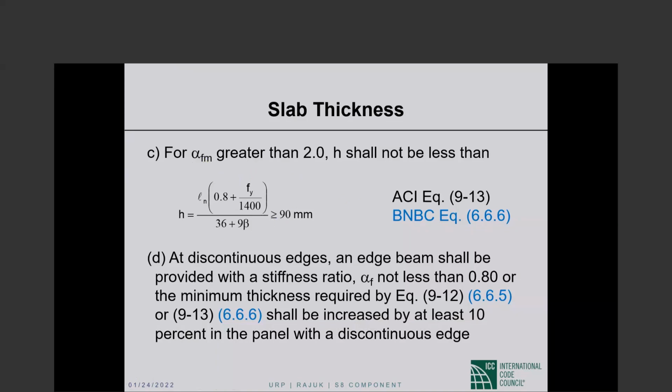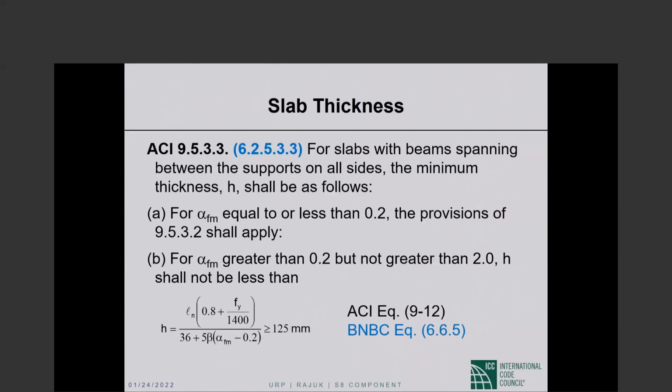At discontinuous edges, an edge beam shall be provided with a stiffness ratio not less than 0.8, or the minimum thickness required by equation such and such shall be increased by at least 10% in the panel with a discontinuous edge. This is a pretty serious requirement.